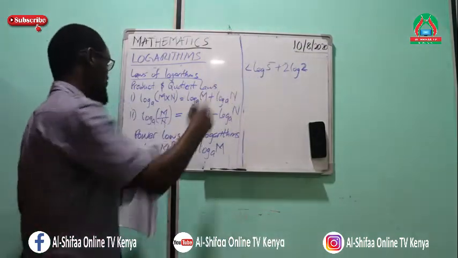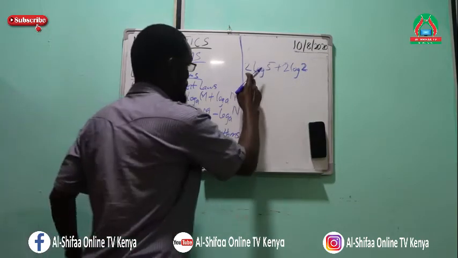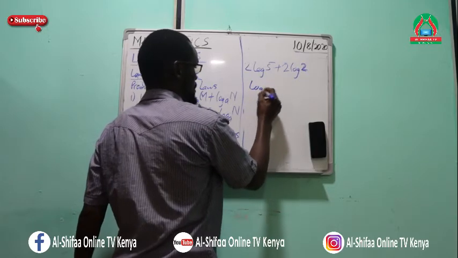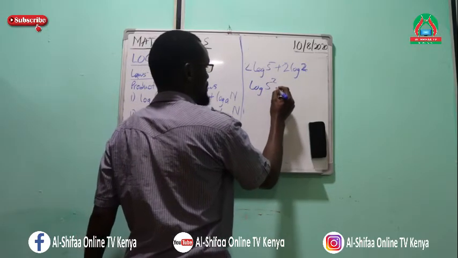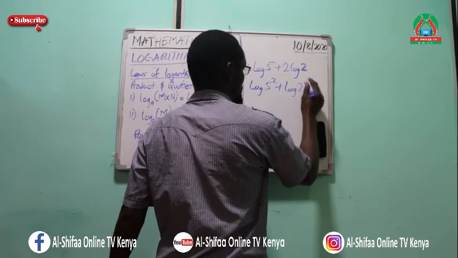So here we'll be applying the power laws of logarithm, whereby this is equivalent to log 5 squared plus log 2 squared.